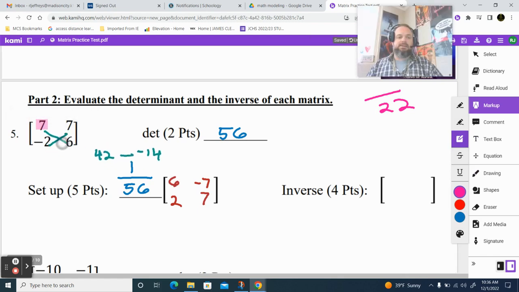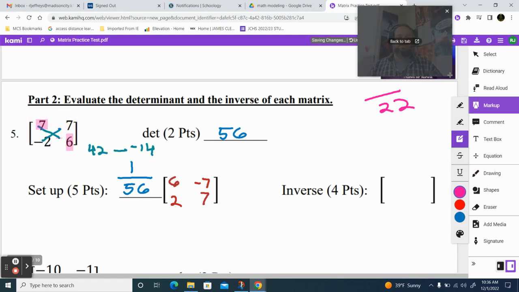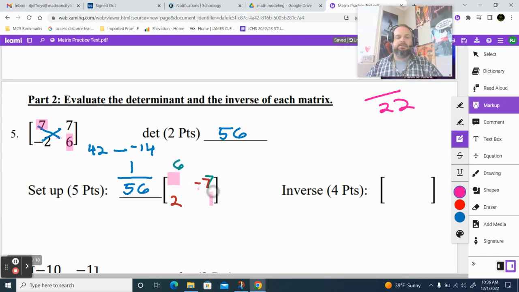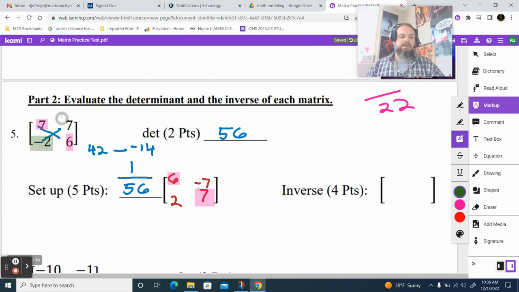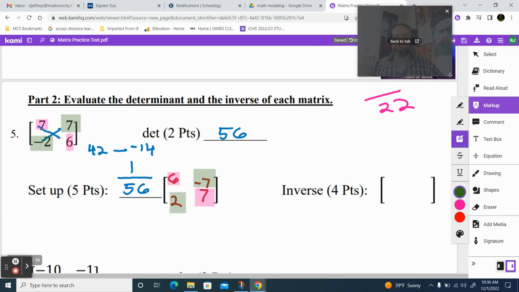These are swapped. And then these we multiply by -1.